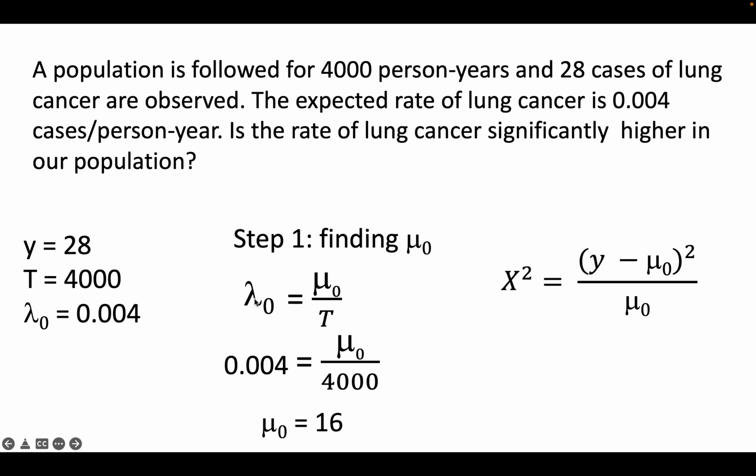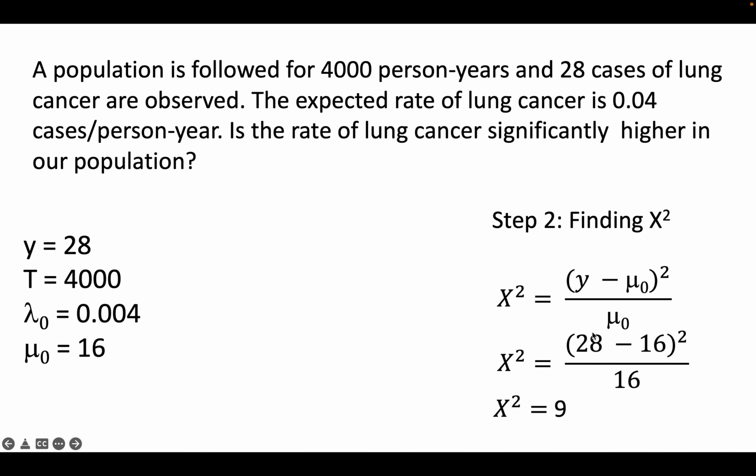Our mu naught is 0.004, and we're following for 4,000 person years. So our expected count would be 16, and then we would plug that into this chi-squared statistic.